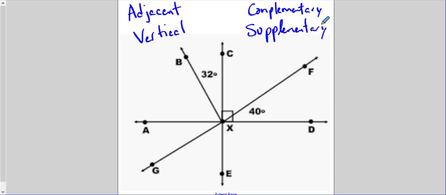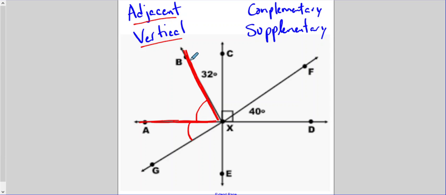So, adjacent and vertical both refer to where the angles are in relationship to one another. Adjacent tells you nothing about the angle measurements. This angle and this angle are adjacent to each other because they're just right next to each other. They have a side that's in common, that side, and there's no overlap between them.